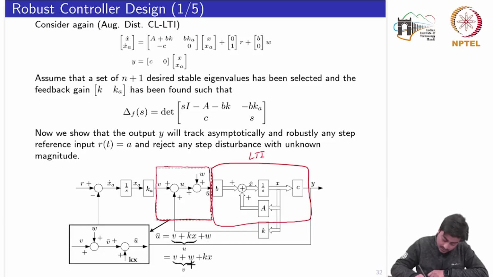This is just a simple algebraic manipulation because the output signal U bar has not changed. So this complete box I can replace by this box, where still the output of this box is U bar, which is now taking the feedback Kx. So U bar, if you see from here and here, is Kx plus V bar, and V bar is nothing but V plus W. So this small block I have replaced with this block.